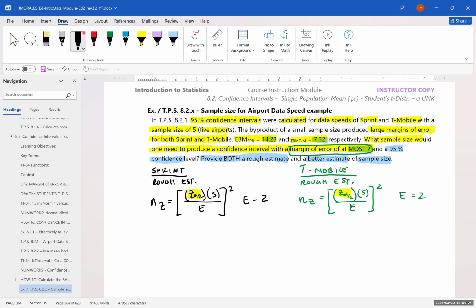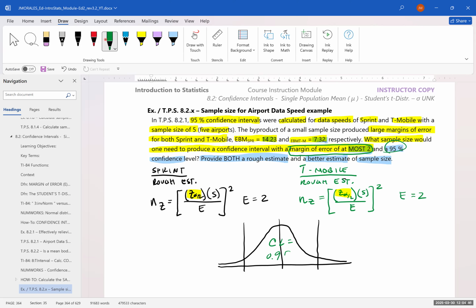So to do that, I'm going to go ahead and make a normal distribution now. We want to have a confidence level of 0.95.